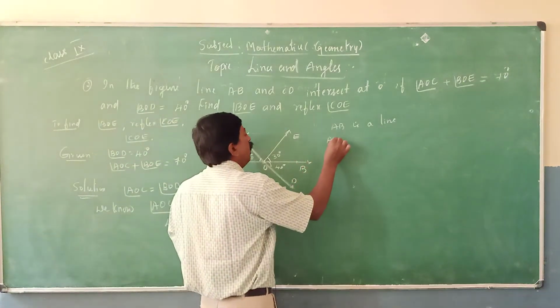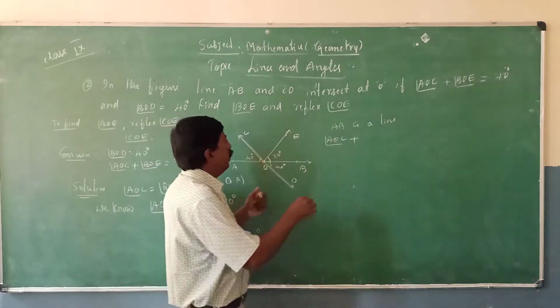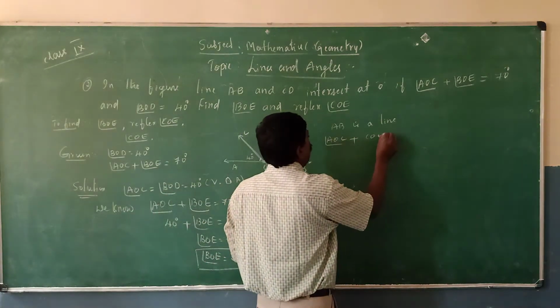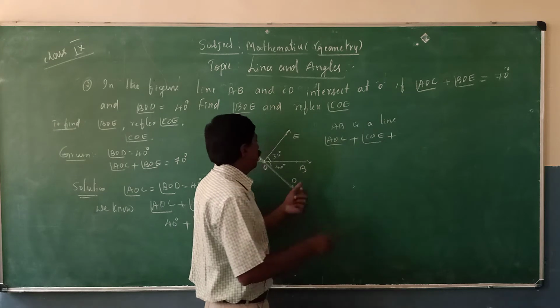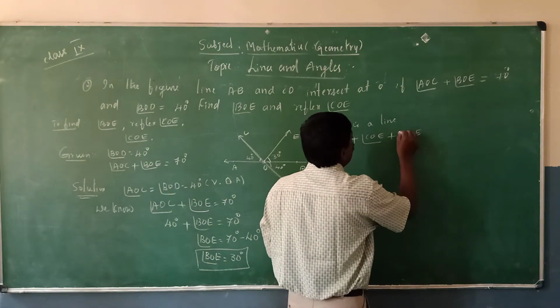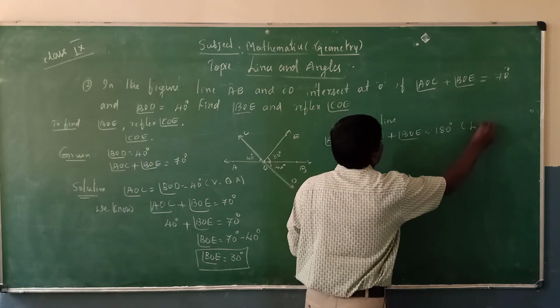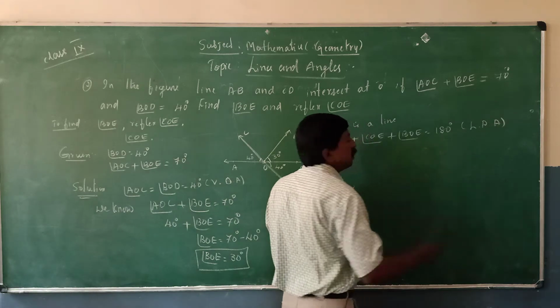AOC plus COE plus BOE is equal to 180 degrees, linear pair of angles.